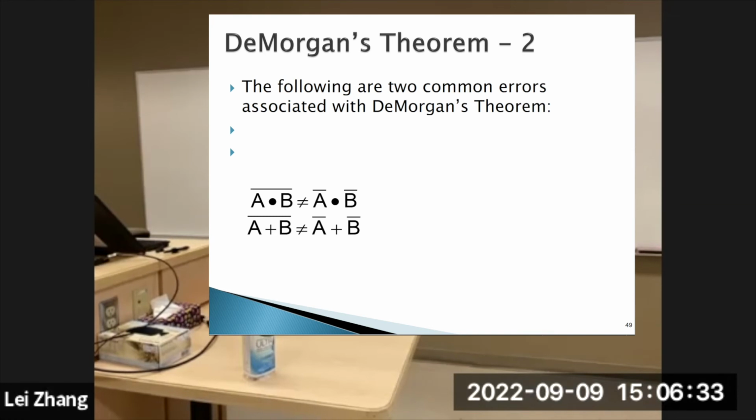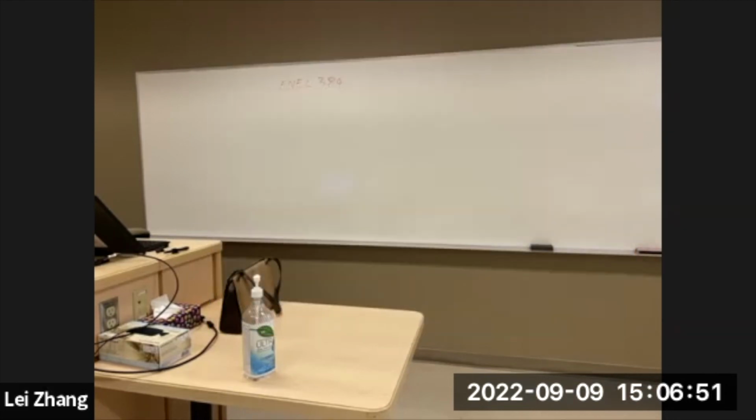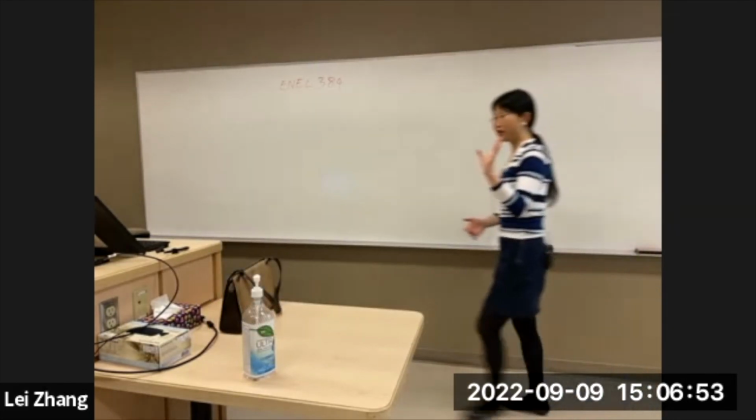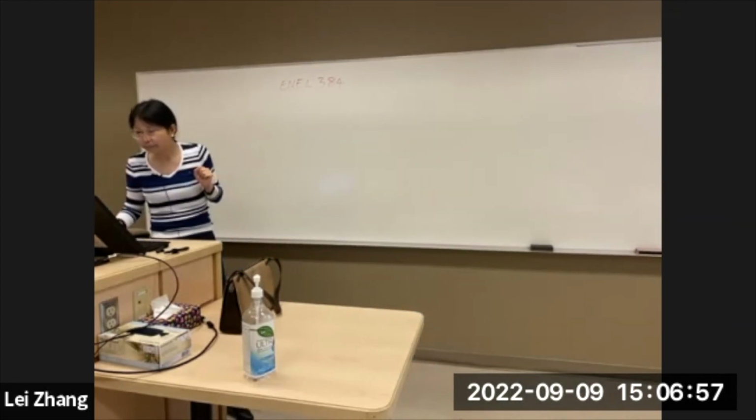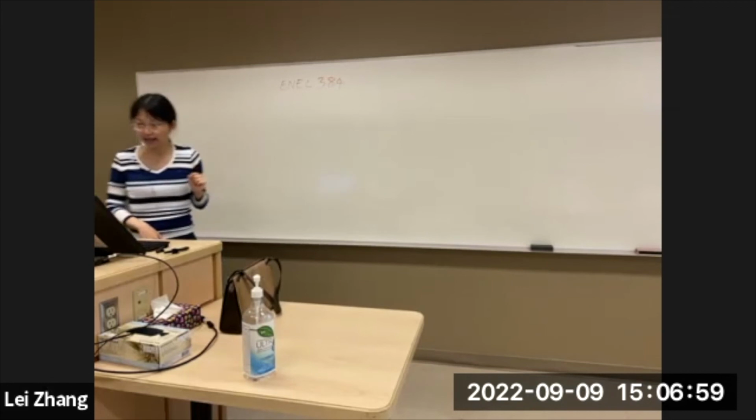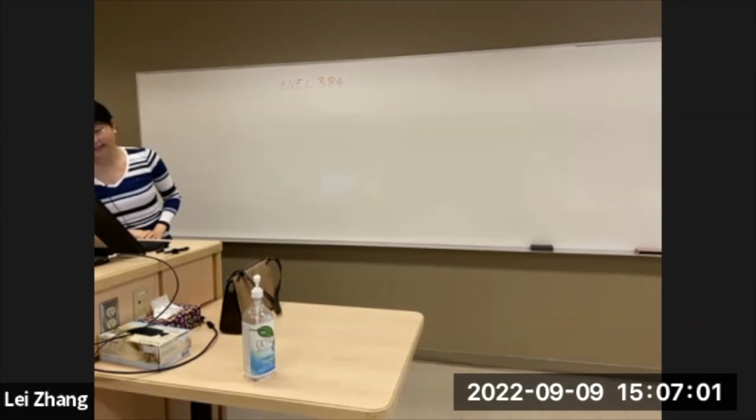So the bar is broken and the sign is changed. Same thing for the second line: we break the bar, so now we have two inverters, then the sign is changed from OR to AND. So this is how to remember it. You will never forget DeMorgan's theorem. Okay, so this is what we just said.